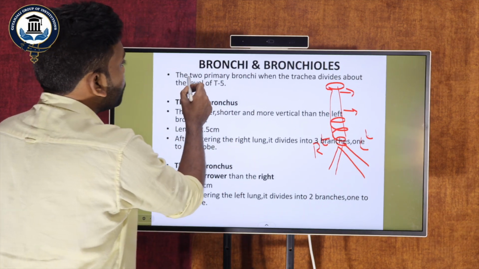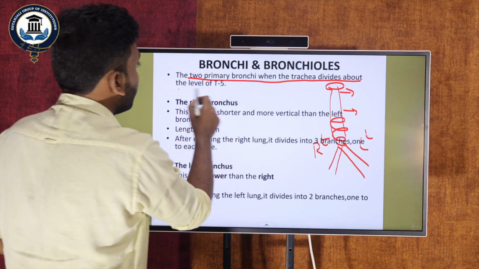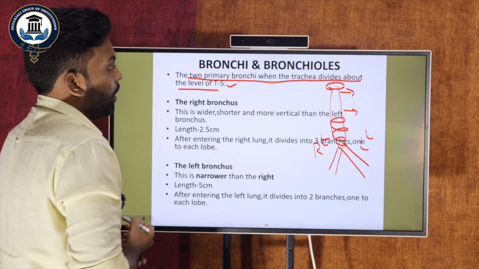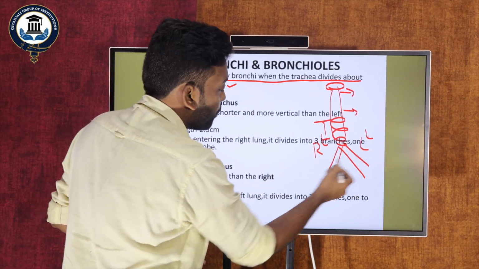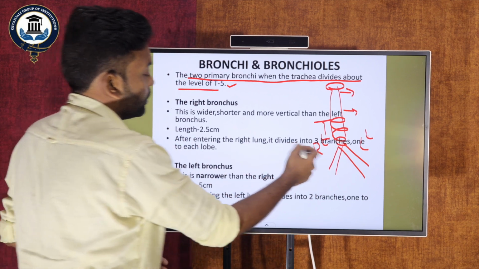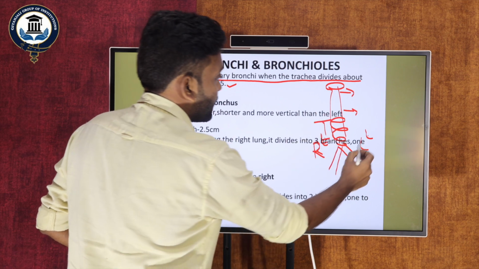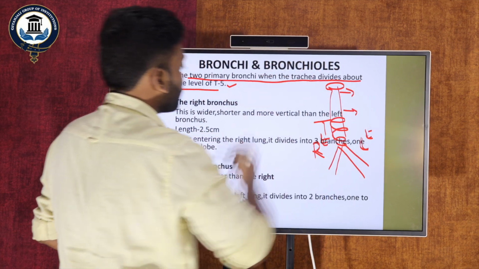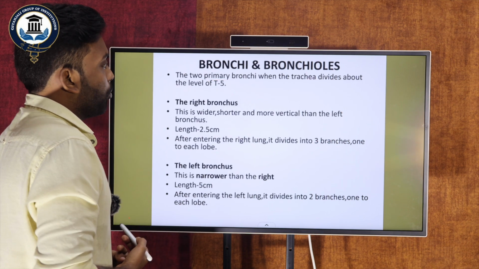Here it says two primary bronchi form when the trachea divides at the level of T5. At the level of T5, it divides into two divisions: the first one is the right primary bronchus and the second one is the left primary bronchus. That is about the division of the bronchi.